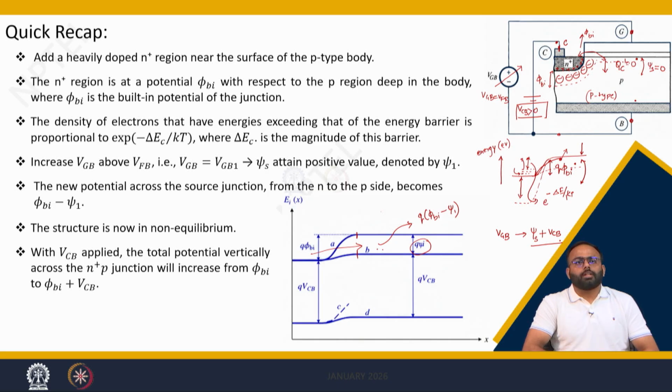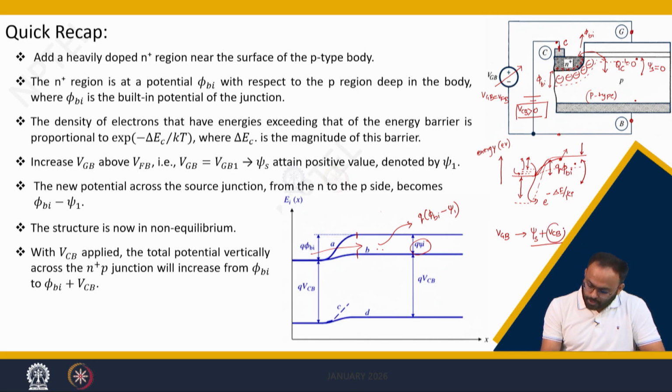So we argued that in two terminal MOS my surface potential was fighting against 2 phi f to get into inversion from depletion, whereas in 3 terminal MOS the surface potential is fighting against 2 phi f plus VCB. Here the VCB role comes into picture.